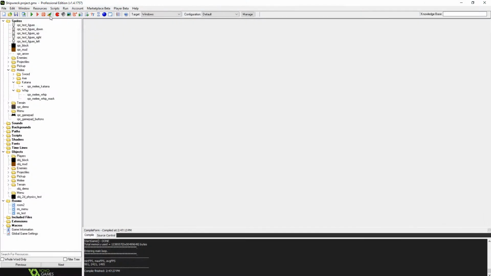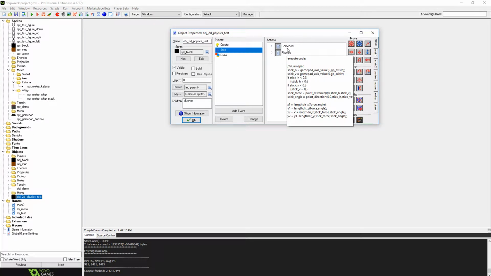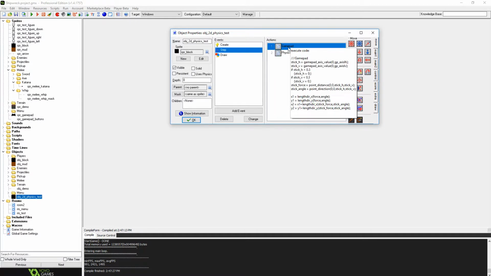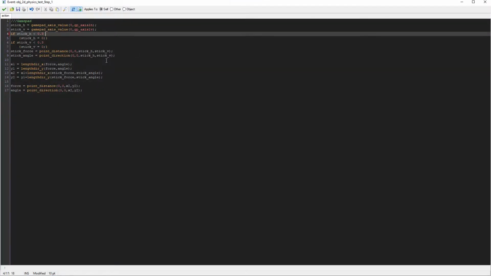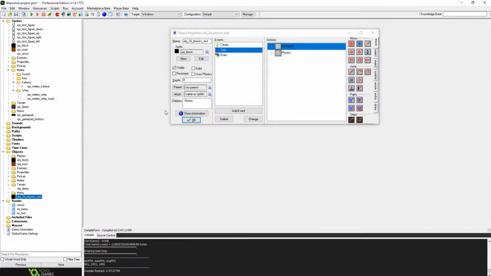Whoa. What just happened? Oh, I know what just happened. It's below, and stick H is above negative 0.3, and stick V is above negative 0.3. So basically, if it's between those two.